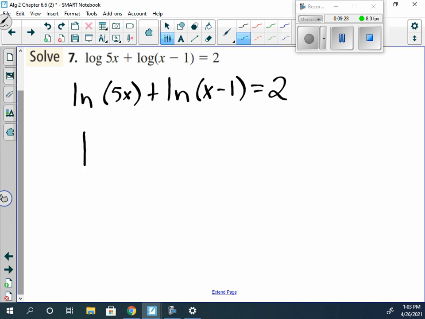Now, according to our multiplication property of logarithms, if two logs with the same base are being added together, then we can rewrite it as one log with what's inside being multiplied. Now, what can we do next?